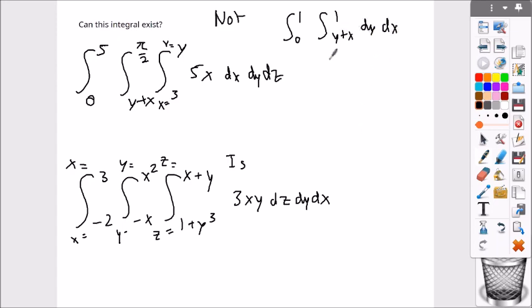You first integrate this, you'll have 1 minus y minus x dx from 0 to 1. What you'll get is x minus yx minus x squared over 2. And then you'll plug in all of your 1s, you'll get 1 minus y minus 1/2. You'll end up with a y, and that's a variable. You can't have that.